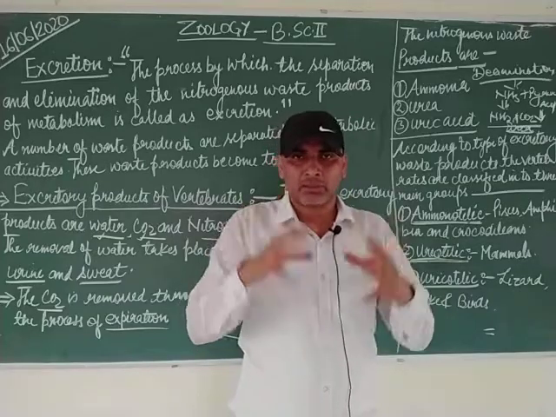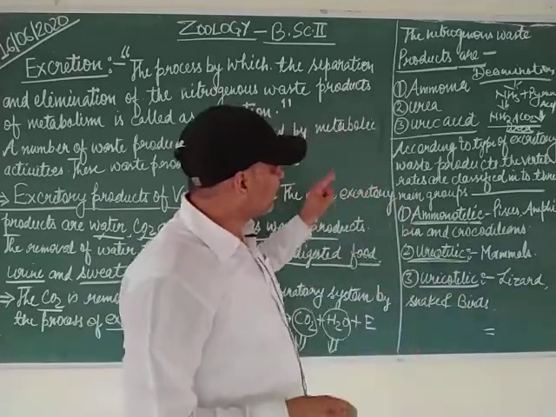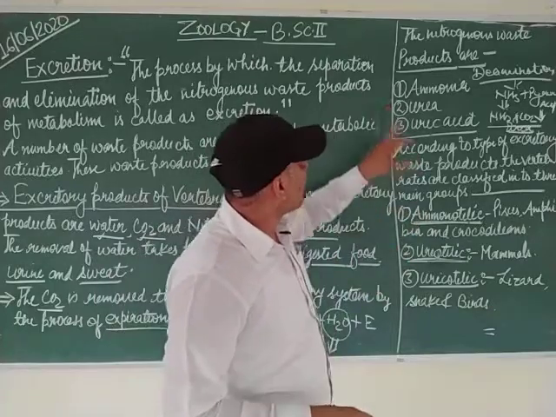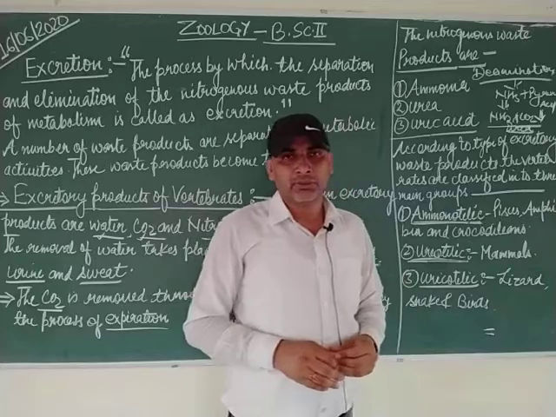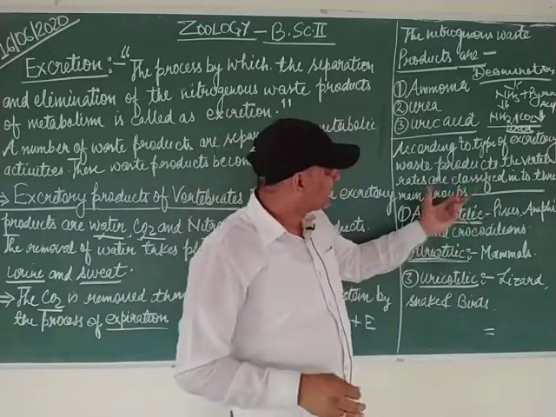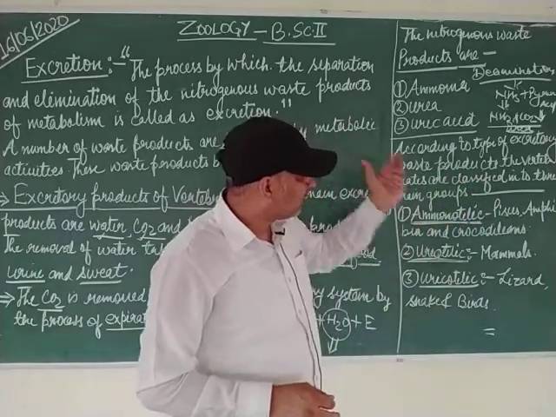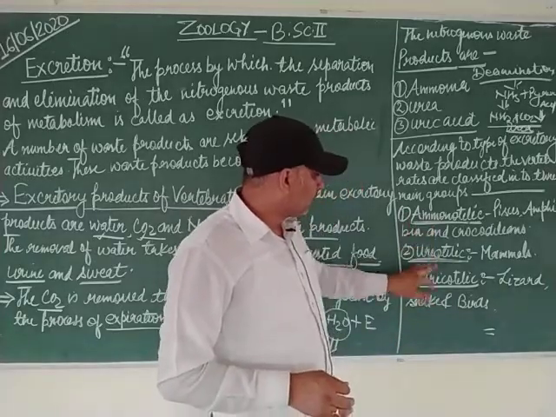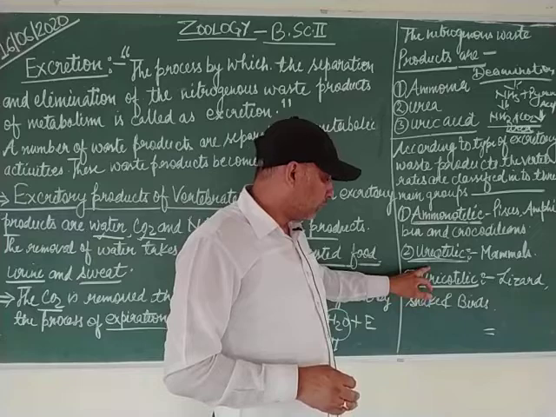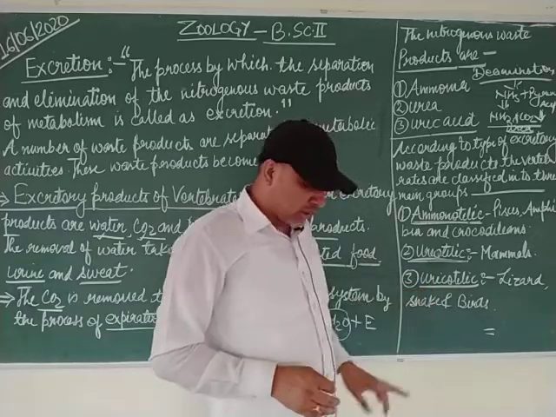So today's topic is excretion. What is excretion, and what is a nitrogenous waste product? There is a classification, and on the basis of the waste product, vertebrate animals are classified into three categories: ammonotelic, ureotelic and uricotelic.